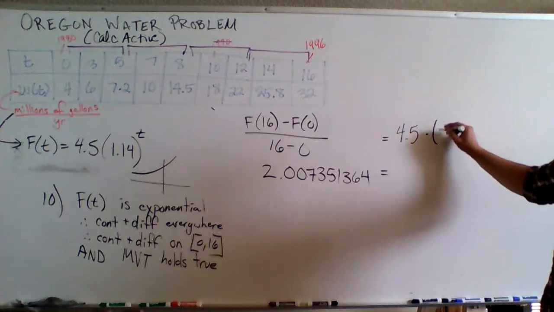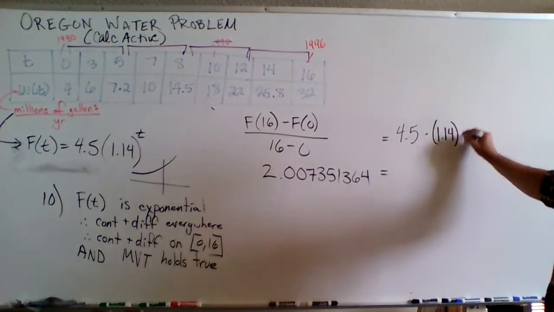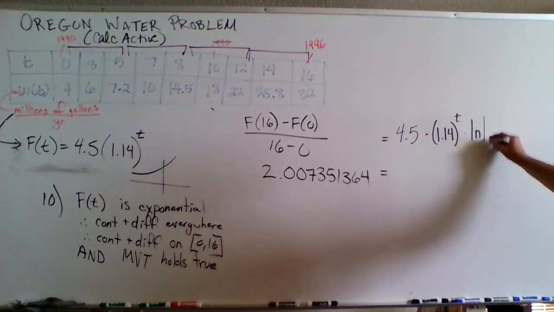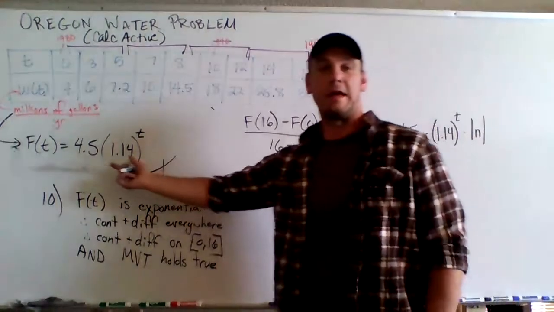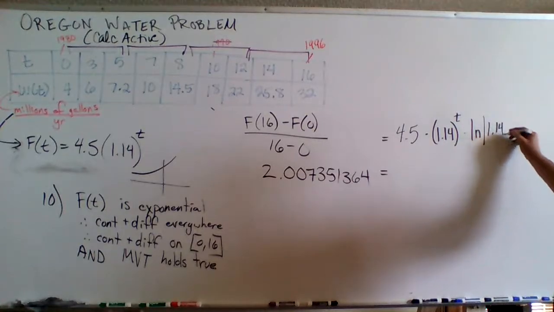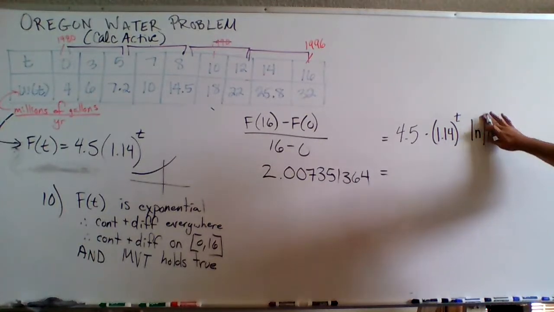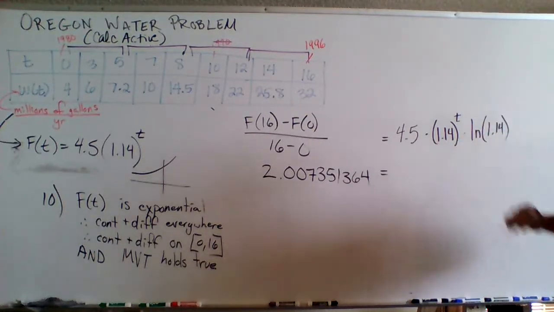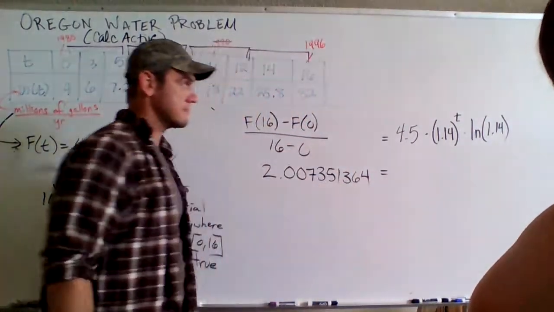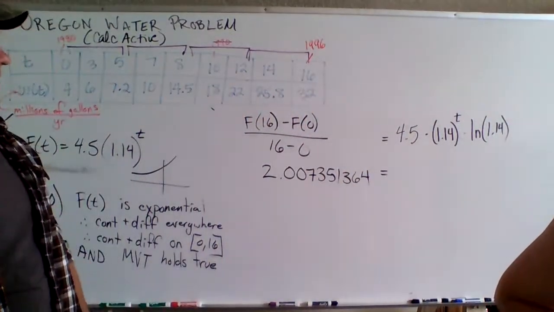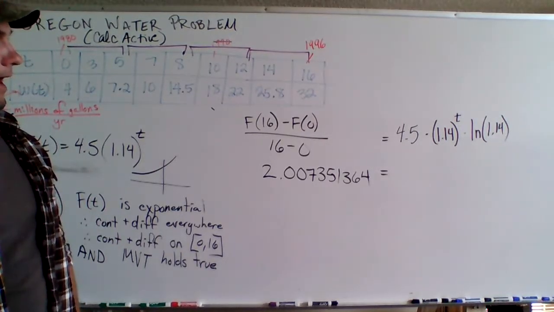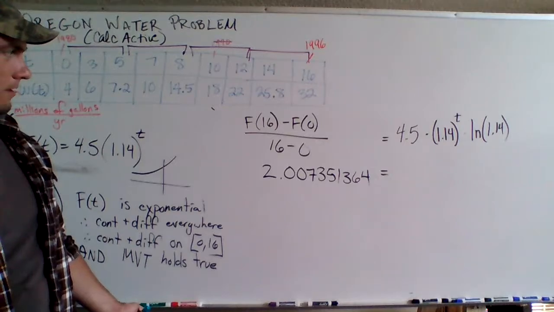So we still have 1.14 to the t times the natural log of the absolute value of our base, which is going to be 1.14. Now that is obviously a positive number, so I'm just not going to do the absolute values, just make it parentheses. Do you guys remember that from your test? It's like a to the u or b to the u, a number based to a variable exponent. Holy cow, that's gross. I don't want to rewrite this.